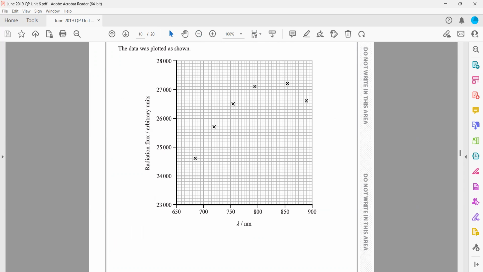And there are not enough readings. Whenever there is variation in the values, we should have more readings in this region so we can have a more prominent shape, and identify the accurate value of lambda max at which the radiation flux is maximum.